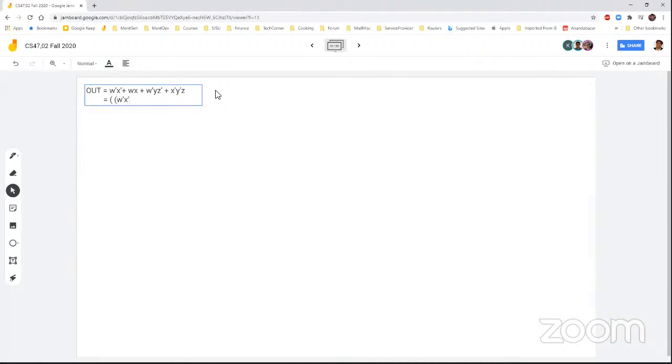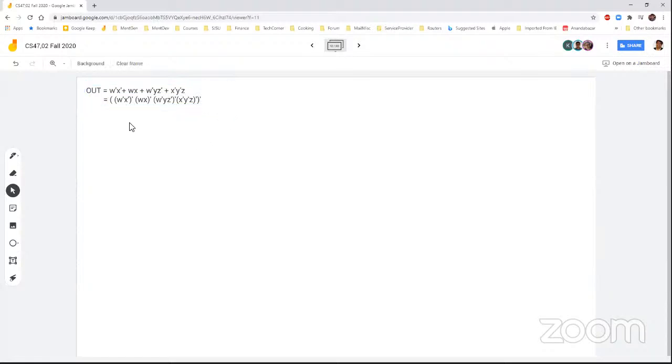Let's take each inner term, I am just inverting and doing AND using De Morgan. So this is (W bar X bar) whole bar, (WX) whole bar, (W bar Y Z bar) whole bar. That becomes one NAND, and (X bar Y bar Z) whole bar, NAND.